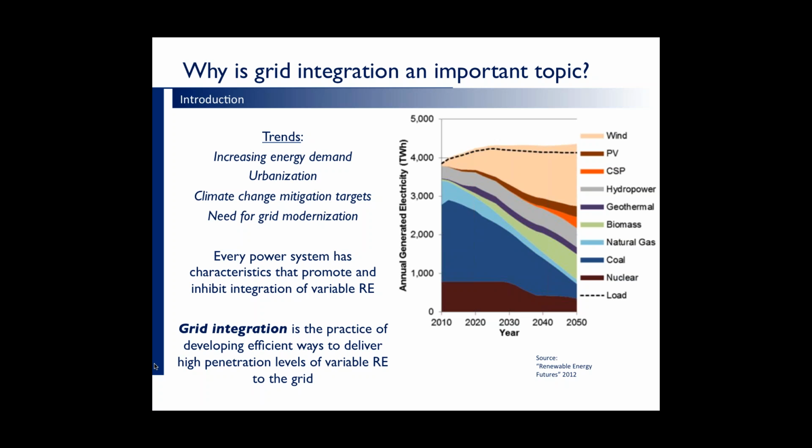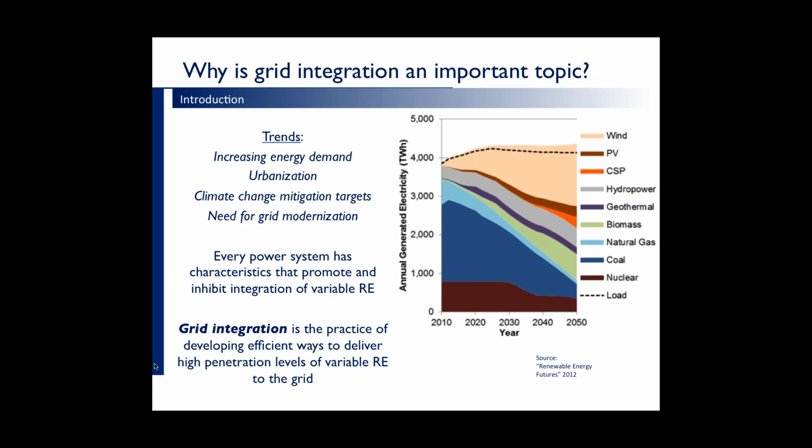At the same time, in many areas, there's a need for grid modernization. And it turns out that some of the things that we would need to do to the grid to modernize it, to increase its efficiency, are also things that we can do to help integrate more wind and solar. So that's kind of a nice synergy between these two things.